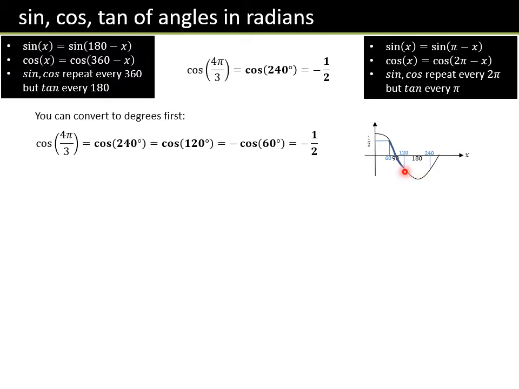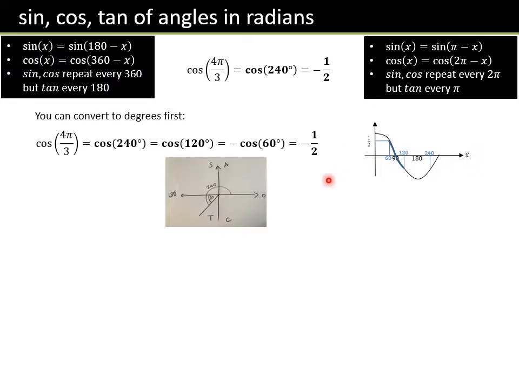So we can see cos 120 and cos 240 must be identical. If I then look at 120, it's 30 degrees above 90, so it's going to be the same as 30 degrees below 90, but the opposite sign. So cos of 120 is the same as cos 60, but it's negative. Okay, that's where that comes from.